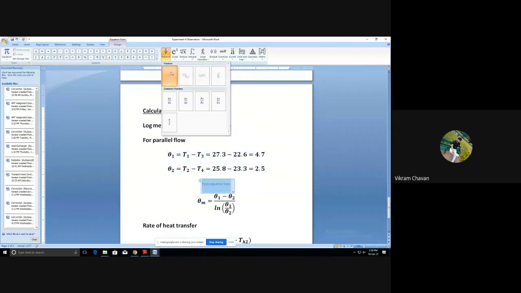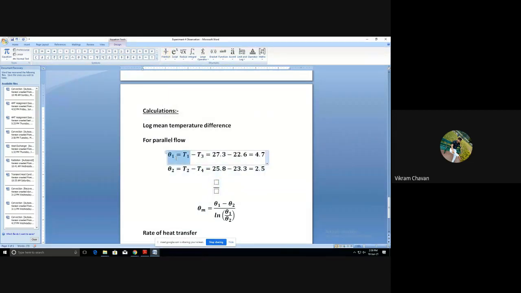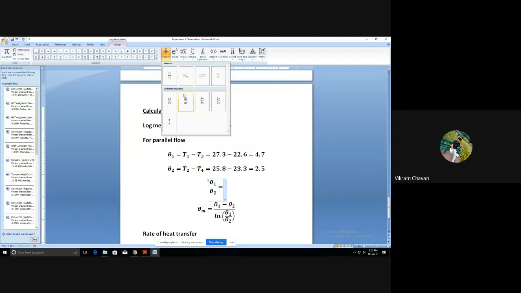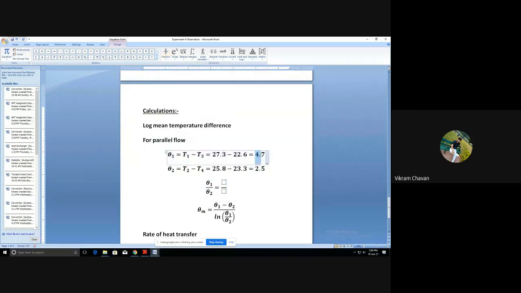Theta 1 is 4.7 and theta 2 is 2.5. Please calculate and let me know whether this ratio is greater than 1.7 or not.